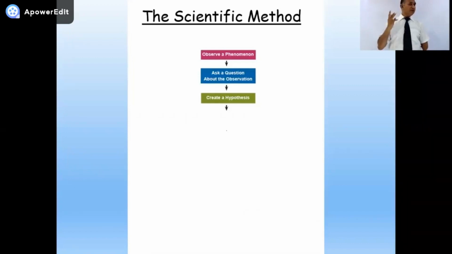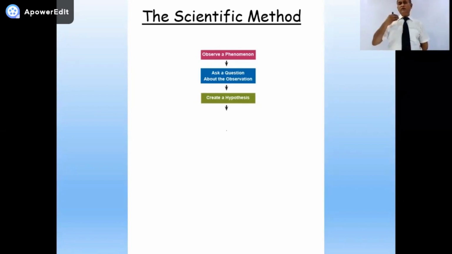So these are the 3 steps we just discussed of this scientific method. First, you observed a problem, then a question, then a hypothesis. Now, let's proceed further. Whatever you predict, it could be right or could be wrong.